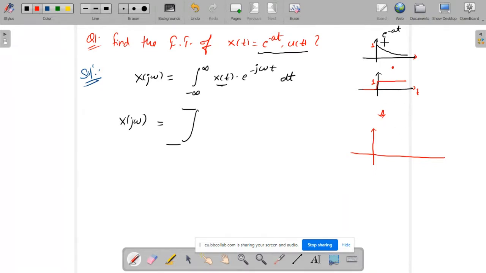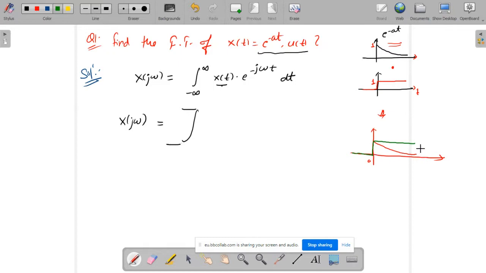The first signal is present after 0, from 0 to infinity. And the second signal is 0 before 0, and it is 1 from 0 to infinity.